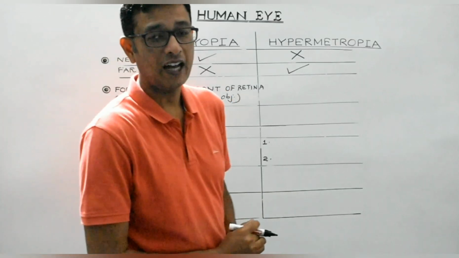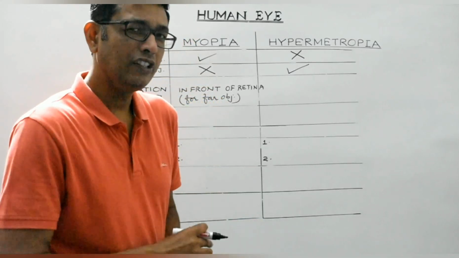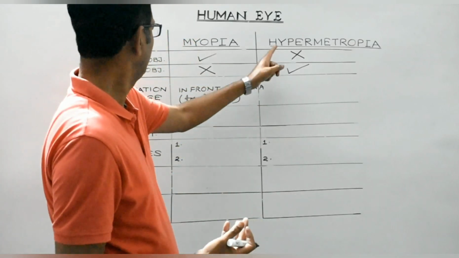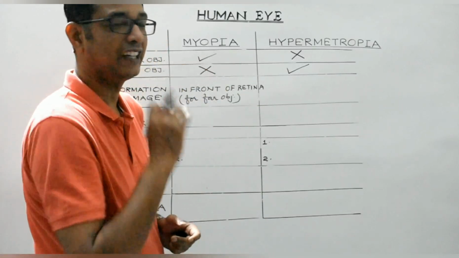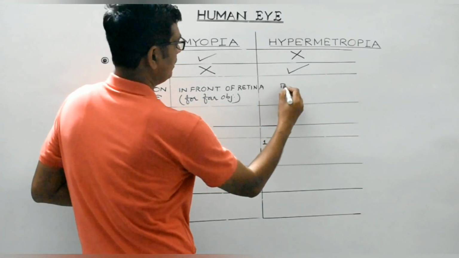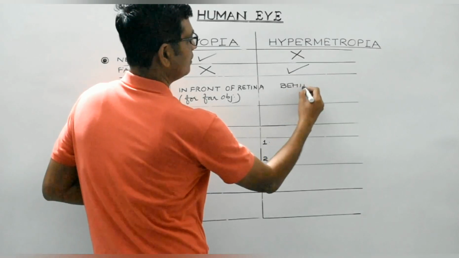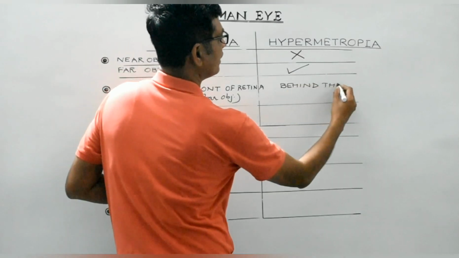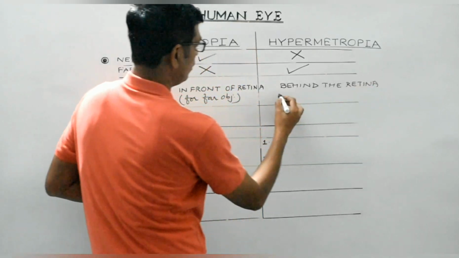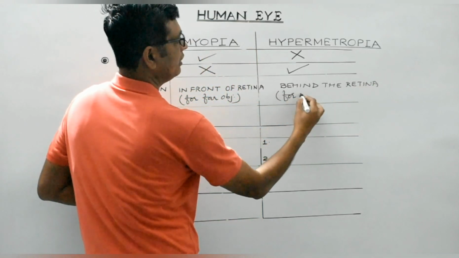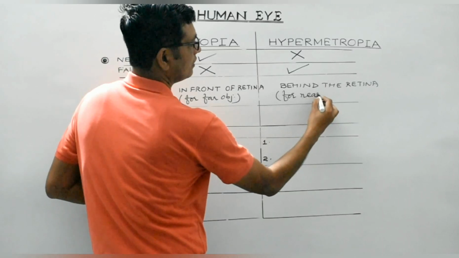While in the case of hypermetropia, for nearby objects, the image is formed behind the retina.